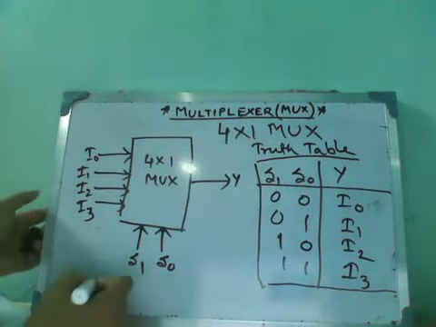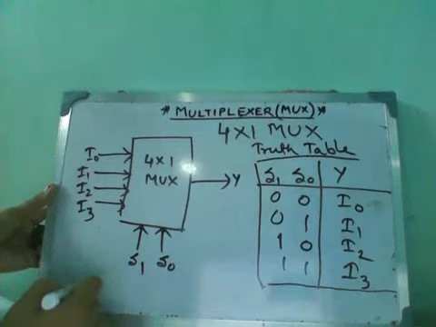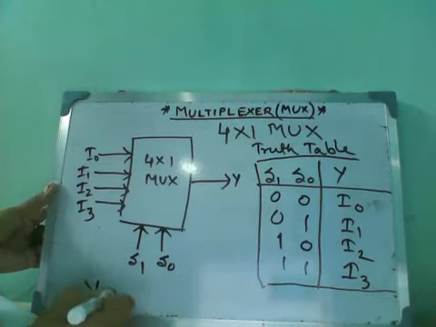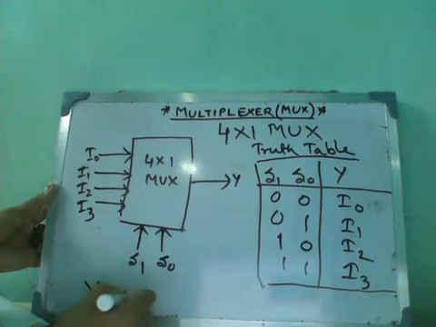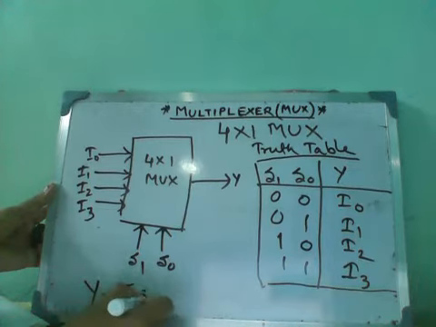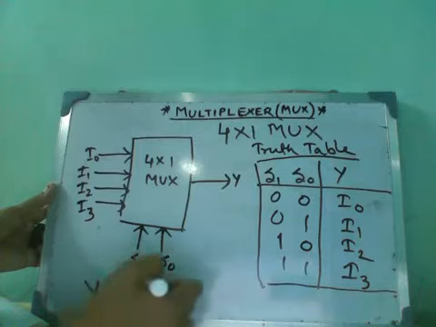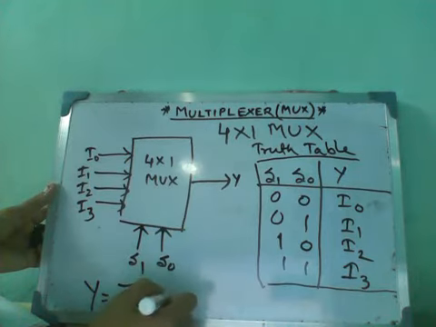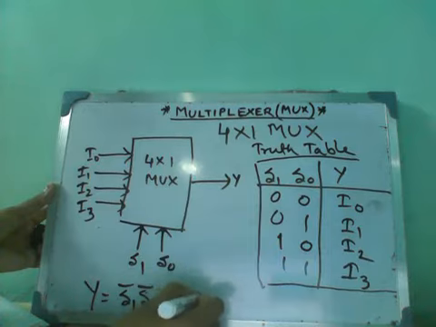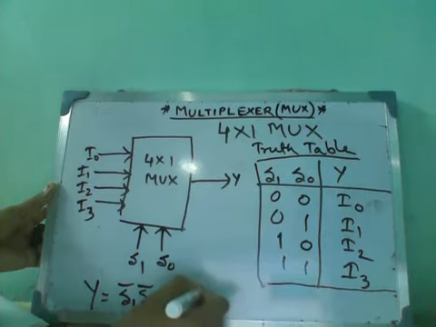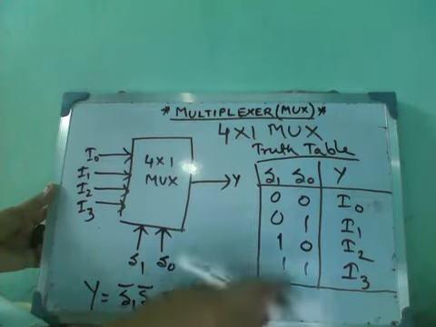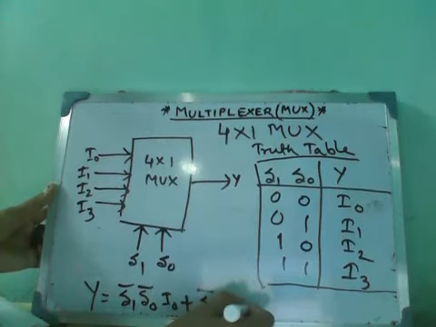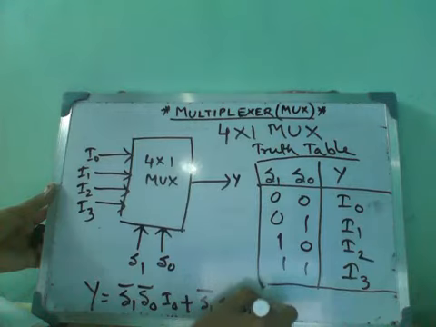From this easily we can write the function Y equal to S1 bar S0 bar, as its complements, then we get the data I0; S1 bar S0, then we get the value I1.